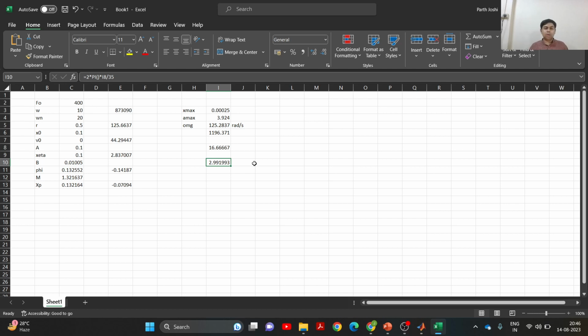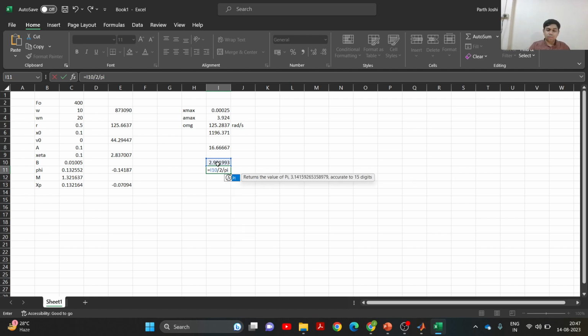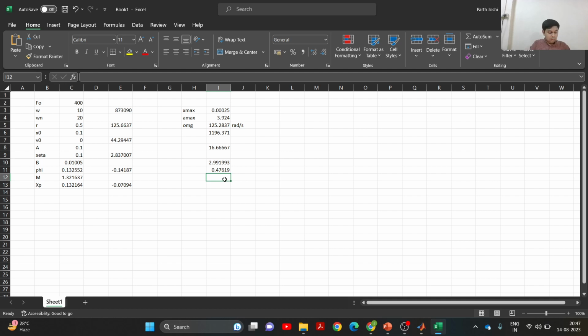So the frequency in hertz is about 0.476 hertz.